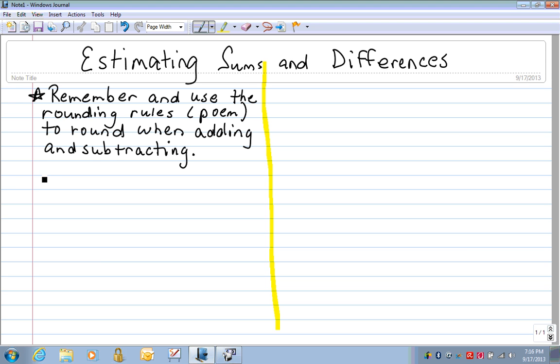Let's start by estimating the sum of two numbers to the nearest 10,000s place.